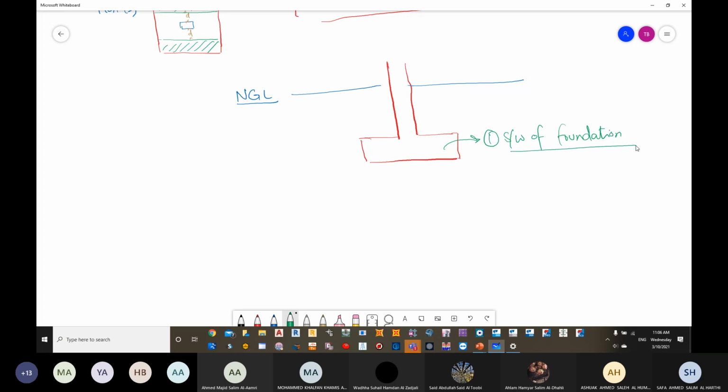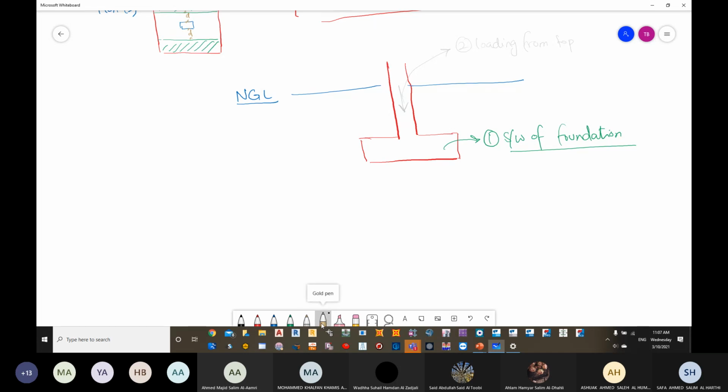Do you agree that the first one is the self-weight of the foundation? Okay. The second one is loading from the top.